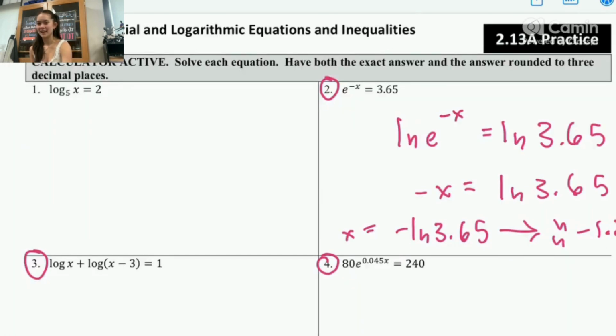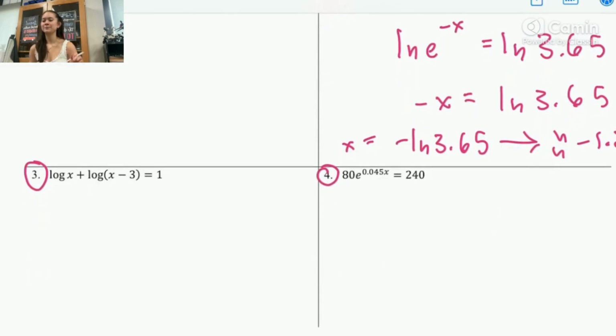Okay, now we're going to do number 3. So, with problems like these, if the log has the same number below, or in this case doesn't have one because the 10 is implied, you can just take out the log and then it'll just leave you with whatever's in the parentheses.